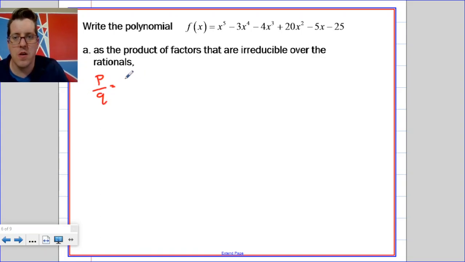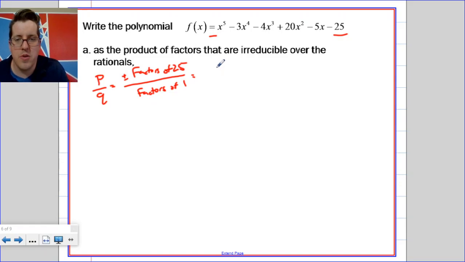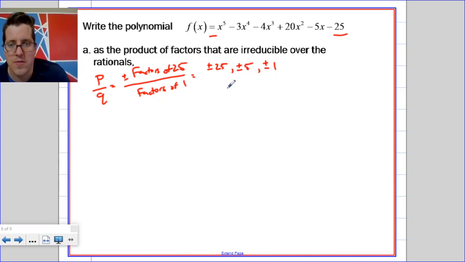Remember, that's plus or minus factors of 25 over factors of 1. 25 from here, 1 from here. So our possible things to plug in are plus or minus 25, plus or minus 5, plus or minus 1. So there's only 6 things to plug in. That's great. Okay, I'm going to start with 1.